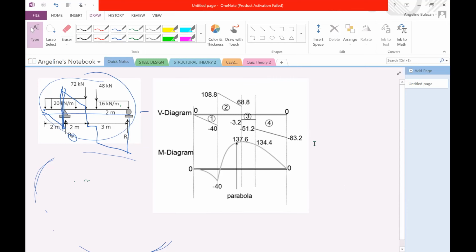So how about the moment diagram? How do we solve for that? Now actually mas madali yung sa moment diagram kasi ang titingnan mo is per area talaga siya. So example, start tayo. Always yan sa external points ng beam. Wait lang, erase ko ulit. Ang gulo na.